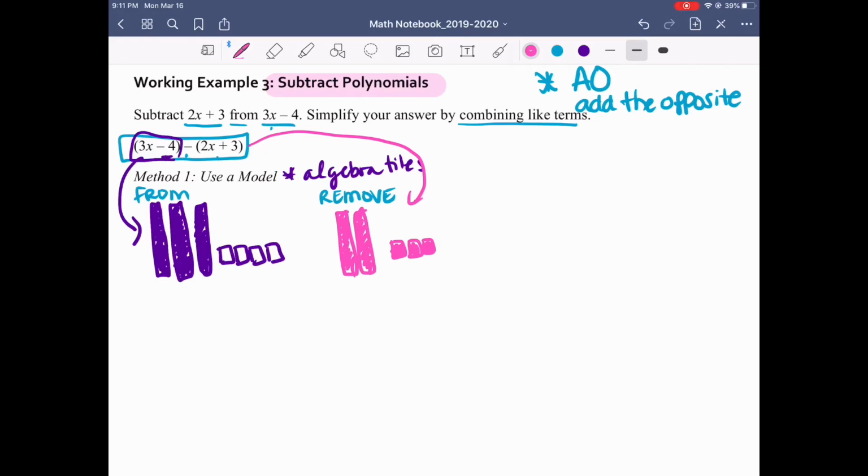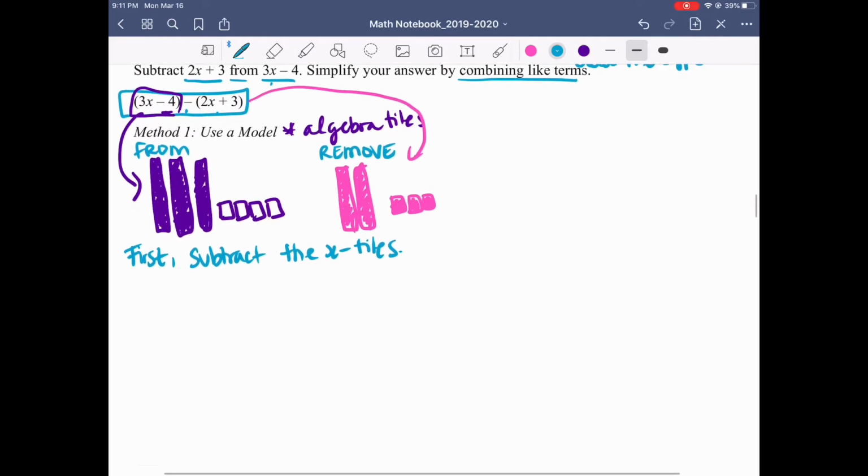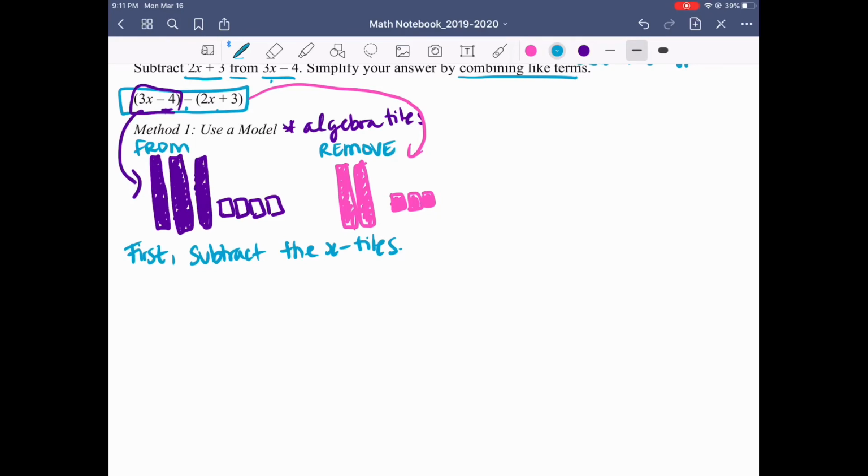So first, we're going to subtract the x tiles.